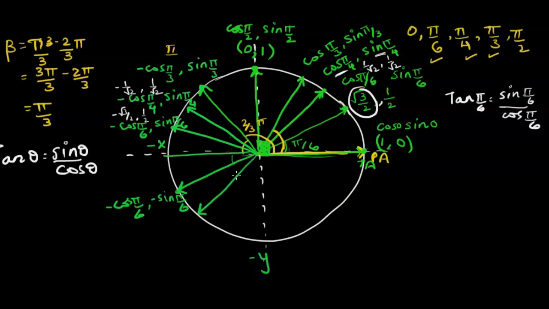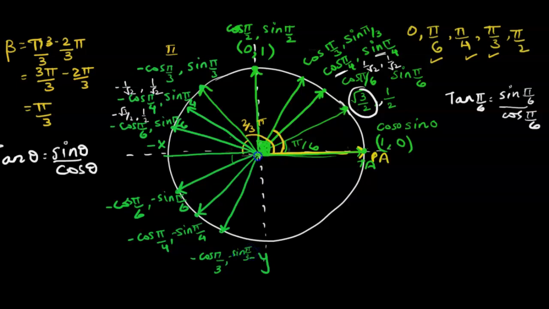Next we will be interested in the pi by 4 related acute angle. That would give us the point with coordinates negative cosine pi by 4, negative sine pi by 4. Next is going to be negative cosine pi by 3 and negative sine pi by 3.